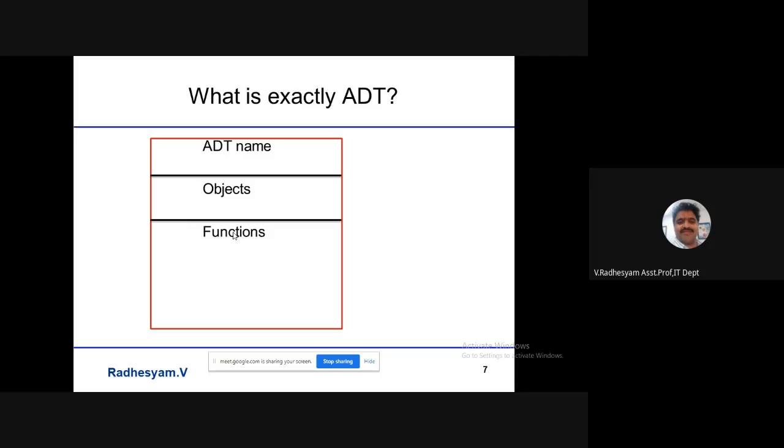We can push an element into a stack, called push operation. We can delete an element from a stack, called pop operation. We can see the elements by display operation. And we can check whether the stack is empty or full. These are all the functions you can place in the third compartment.